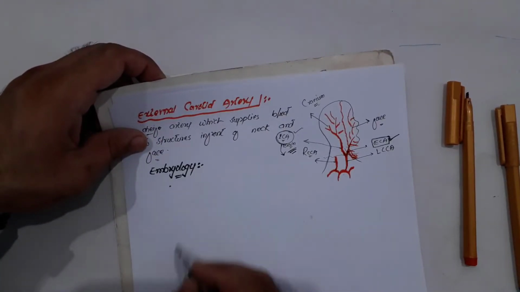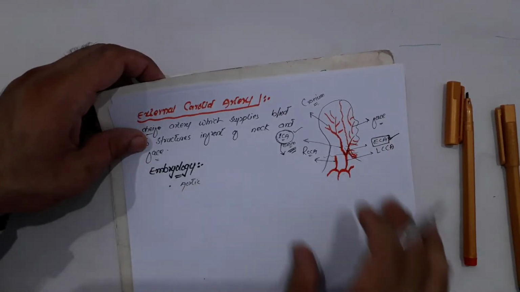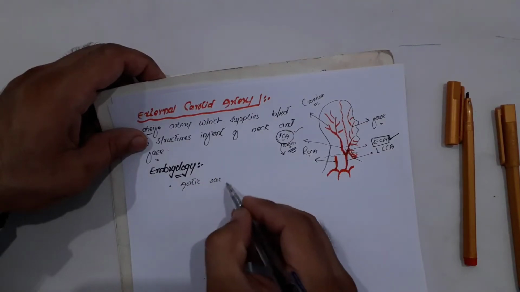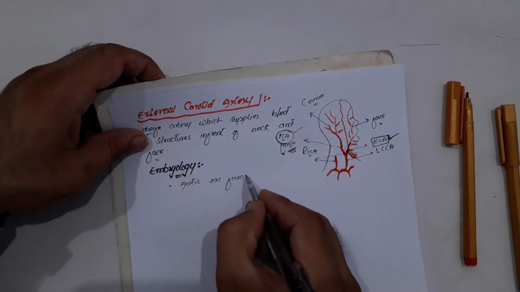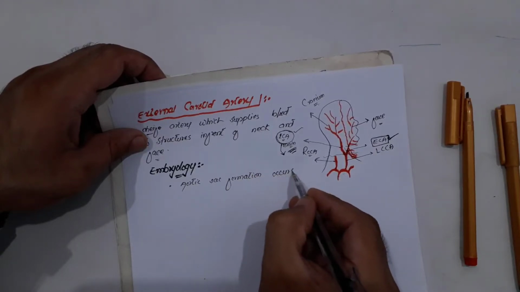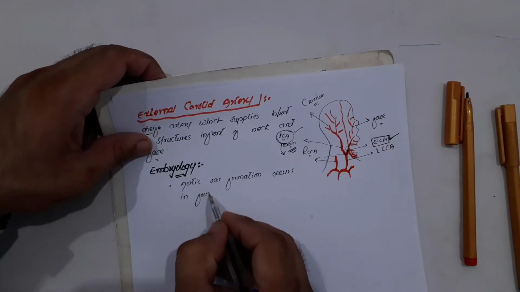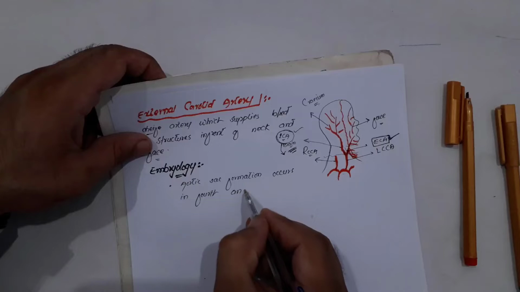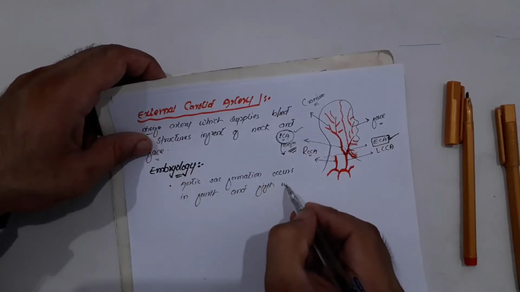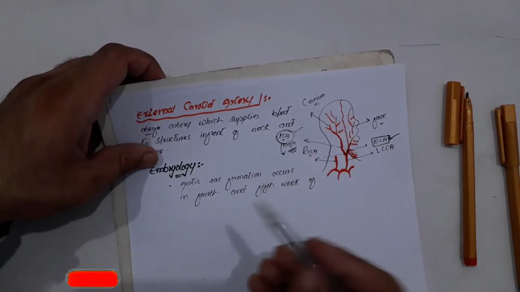I'm writing in points here. I'm drawing the diagram, then you will understand. Aortic sac formation occurs in the 4th and 5th week of the gestational period.